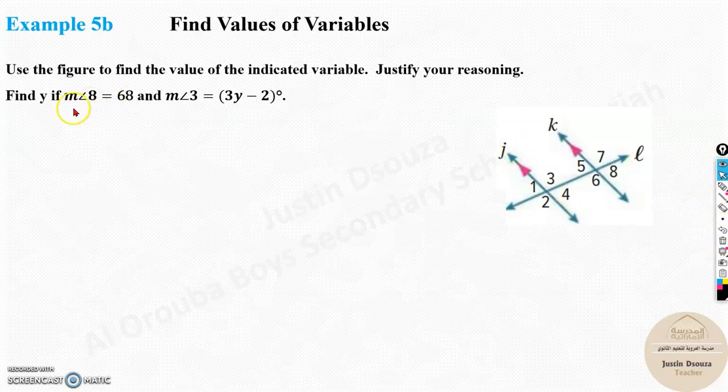Now they have told us to find y. The measure of angle 8 is given as 68 and the measure of angle 3 is given. So how do we find it? First, analyze the relationship between them. They're not corresponding, and it's not easy to find because we don't have any direct relation between these two specific ones.